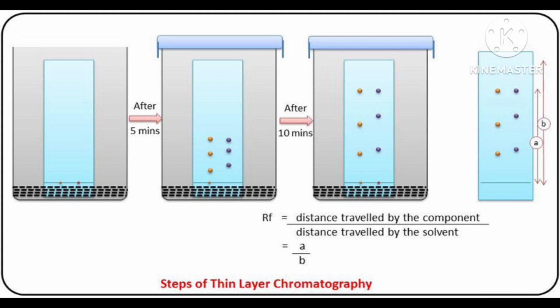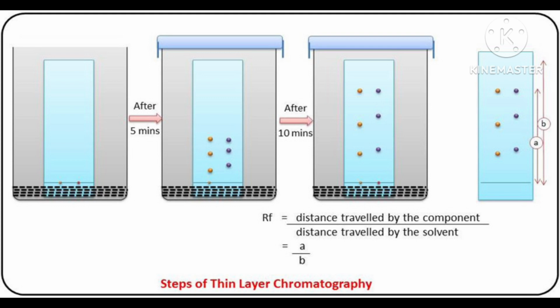Differential partitioning of components of a mixture between stationary and mobile phase. Means the mobile phase will be moving, and on a stationary phase it will be absorbed, and that is happening due to the mobile phases.